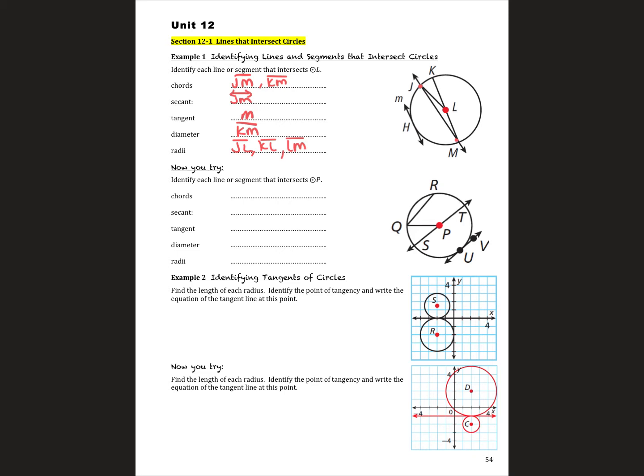Find the length of each radius. So for circle S, it's looking like about 1.5. For circle R, the radius is 2. Okay, then it says identify the point of tangency, so where they're both touching, which is going to be -2, 0.